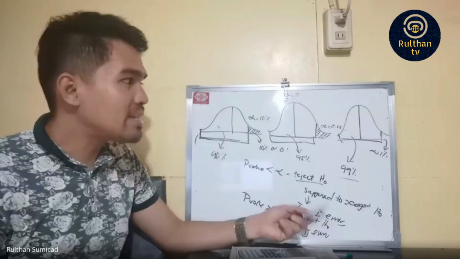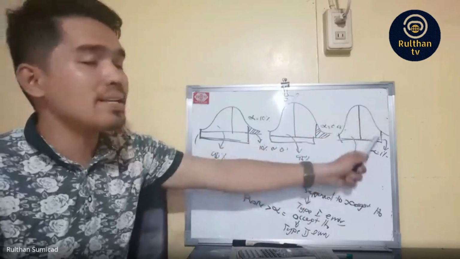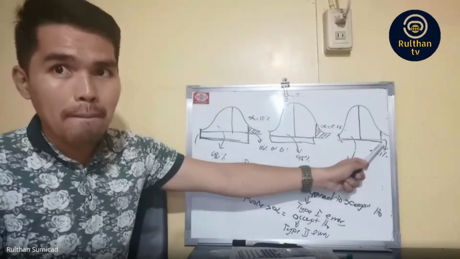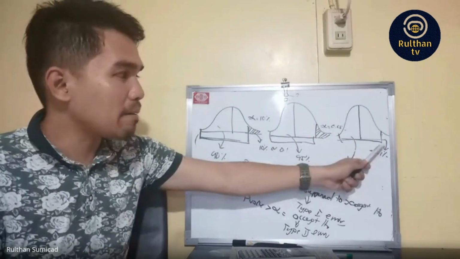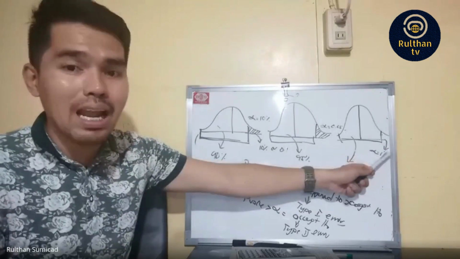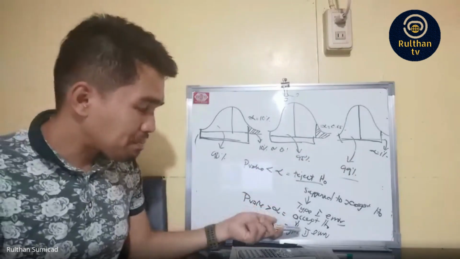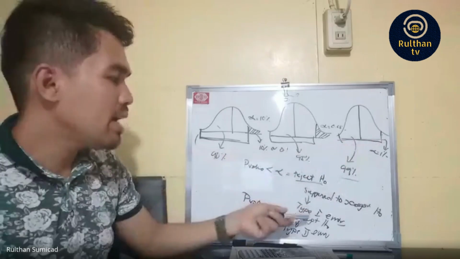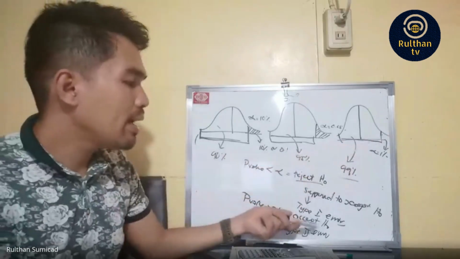Okay? Consequently, if we are in this case here, then most likely you are going to commit a type 2 error. Because the tendency here is that there is a very small chance of rejecting the null hypothesis. In this situation, most likely you will commit a type 2 error.